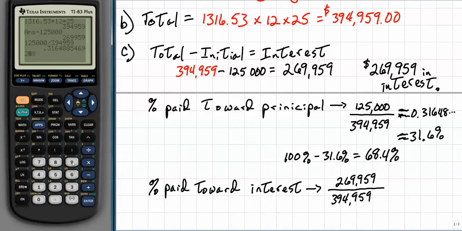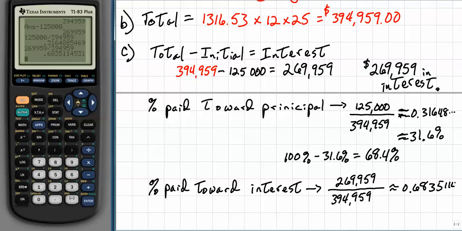So we'll take 269,959, we will divide that by 394,959, press enter, and notice that we get approximately 0.6835114, which is going to round to approximately 68.4%. And that's how we work this problem using a TI-83 Plus calculator.